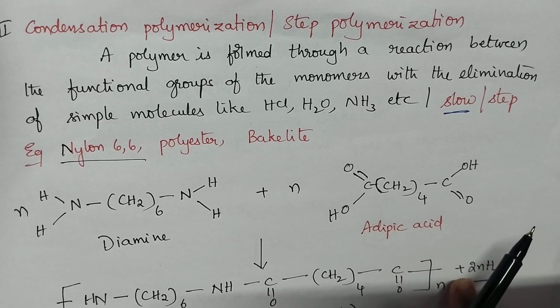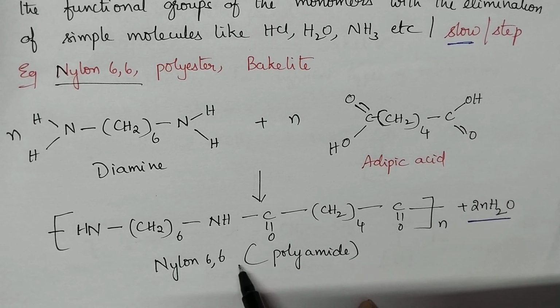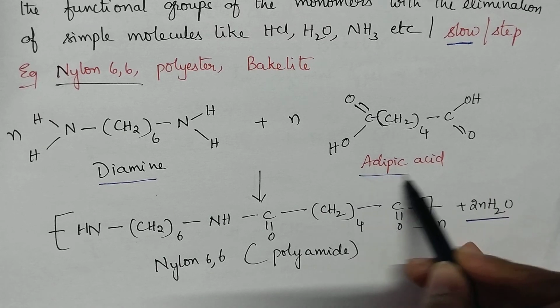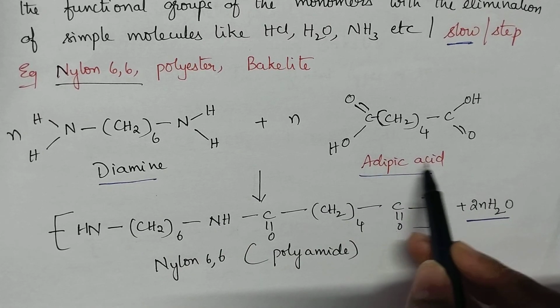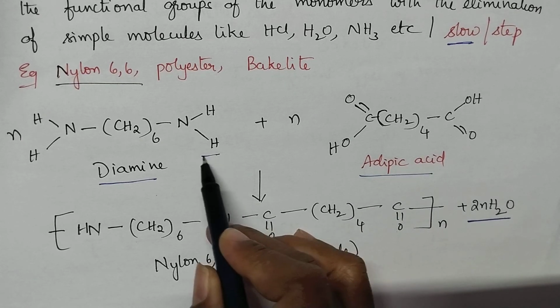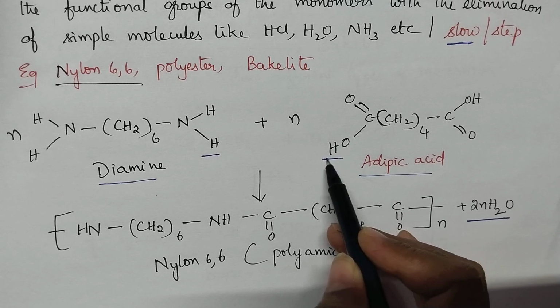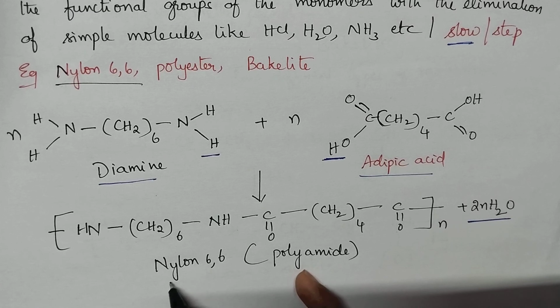Let us see how nylon 6,6 will be formed. During the formation of nylon 6,6, two monomers are present. One is diamine and the other one is adipic acid. So, the amine group from diamine reacts with the acid group of adipic acid and it results in the formation of nylon 6,6.